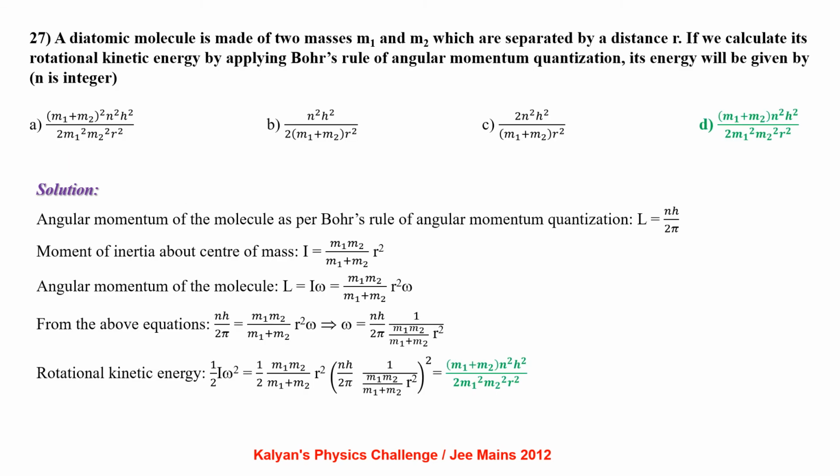A diatomic molecule is made up of two masses m1 and m2 which are separated by a distance r. If we calculate its rotational kinetic energy by applying Bohr's rule of angular momentum quantization, its energy will be given by the following. Angular momentum of the molecule as per Bohr's rule, L equal to nh by 2 pi.